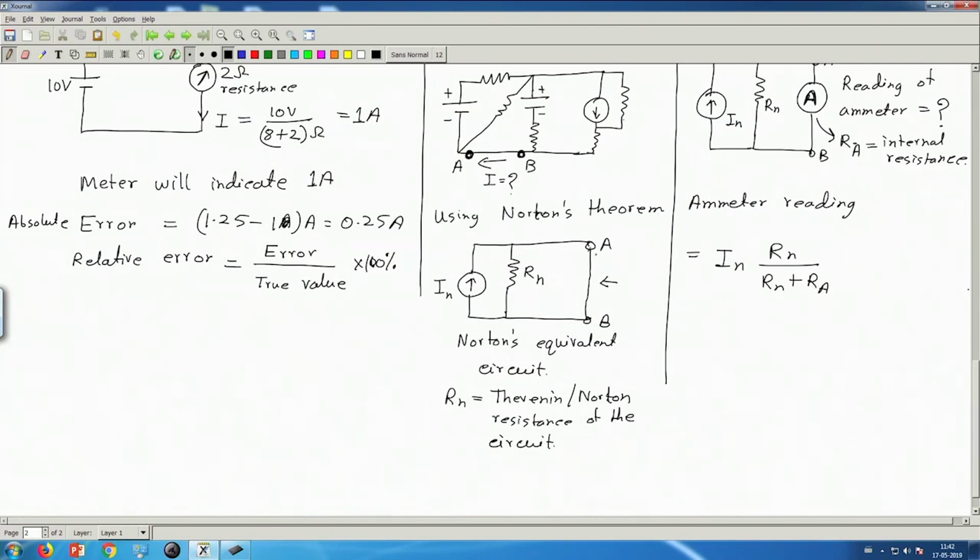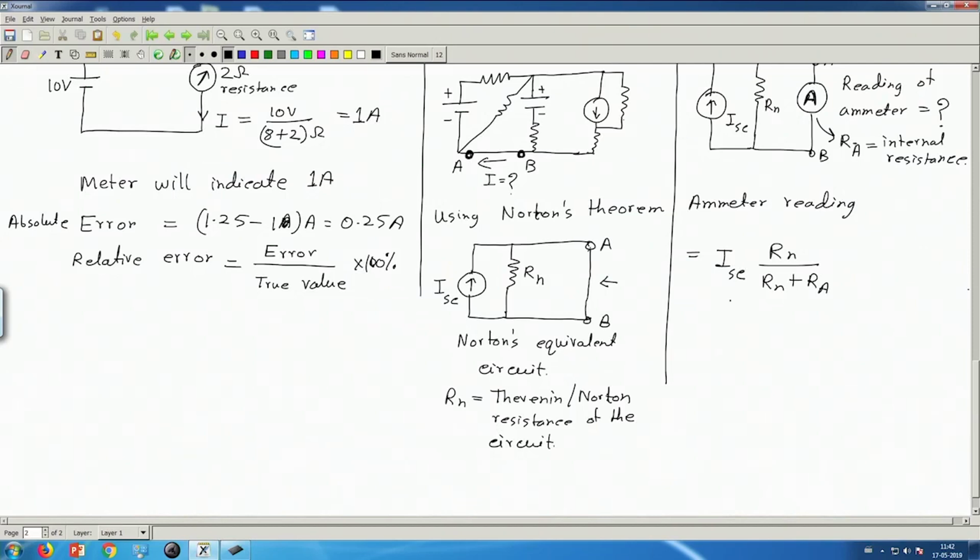But the true current that was flowing in this branch before the insertion of the ammeter, that was I n. So, this was the short circuit current. Okay. So, we often denote this as I short circuit, ISC. This is ISC because this is the short circuit current as seen from terminals AB.